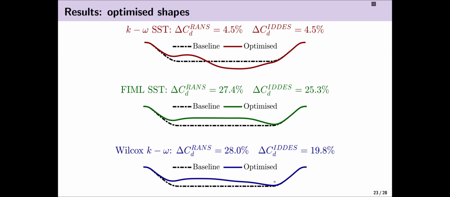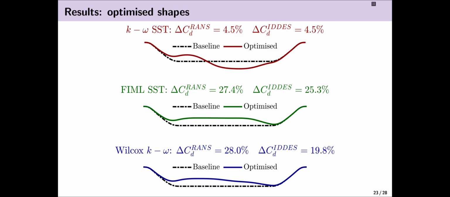So some key results. We'll have 3 different models. We have the baseline SST in red, we have the augmented SST in green, and then we have the k-omega in blue. The dashed lines are the baseline geometry, and the optimals are in the solid lines.